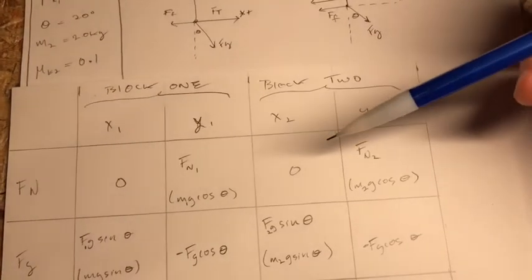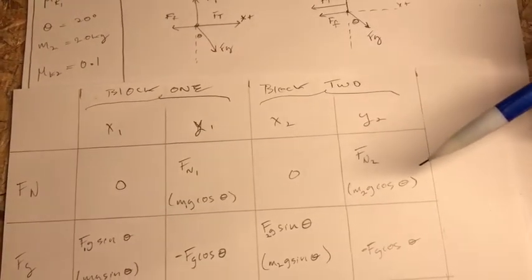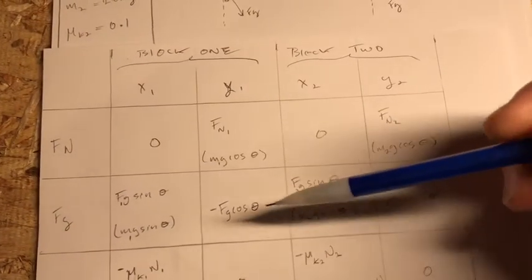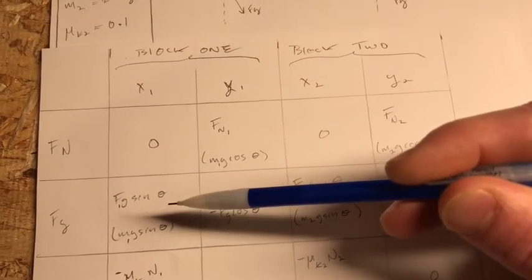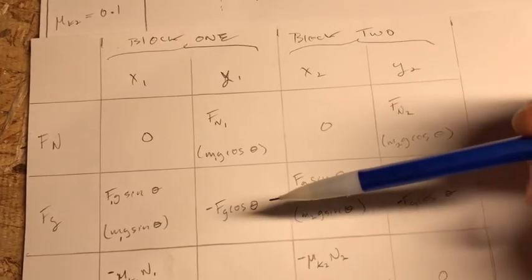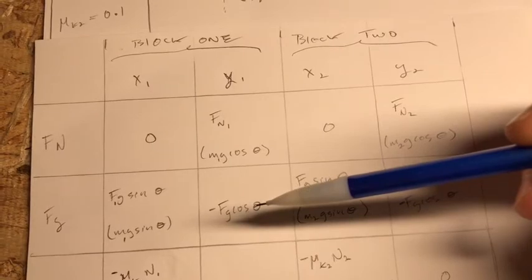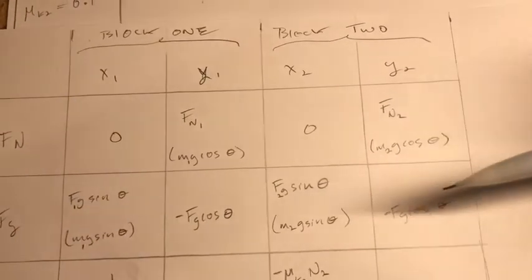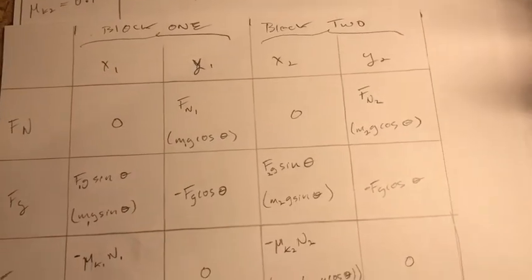And then block 2, a similar thing is going on. And then for Fg, we define that as Fg sine theta for the x direction, negative Fg cosine theta for y, and kind of repeat for block 2.